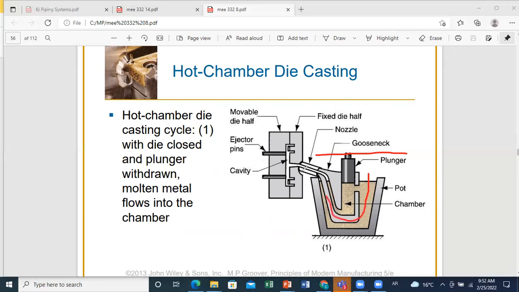Then we subject our molten metal to large pressures, because due to large pressure, we'll be able to introduce the molten metal into this cavity, where you can form very thin sections.